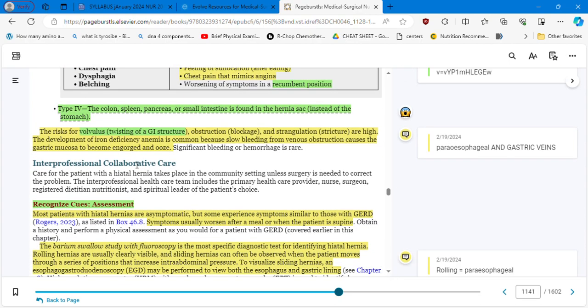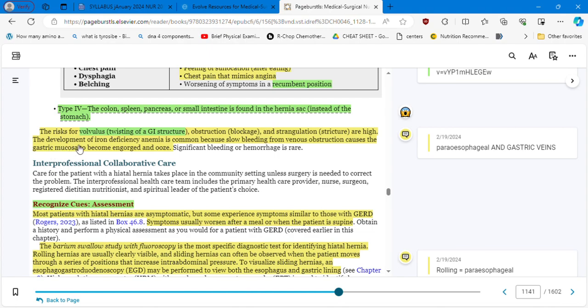Now, the risk of volvulus, a twisting of a GI structure. The risk of volvulus, that's another term we need to learn. Obstruction, blockage, and strangulation are high with these hernias.